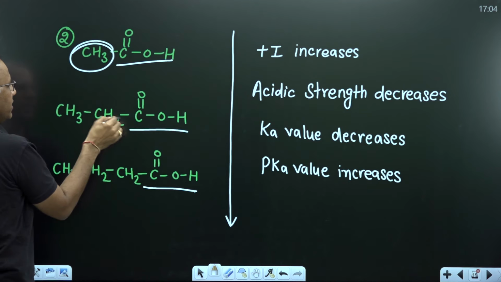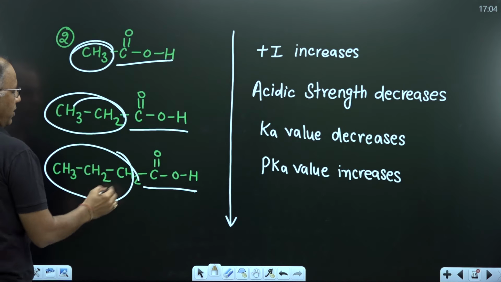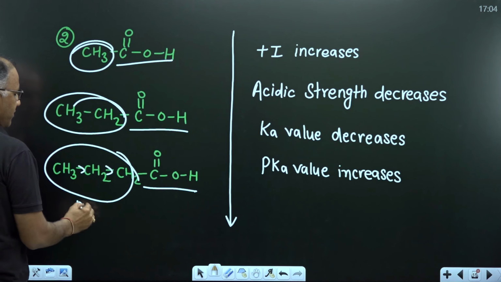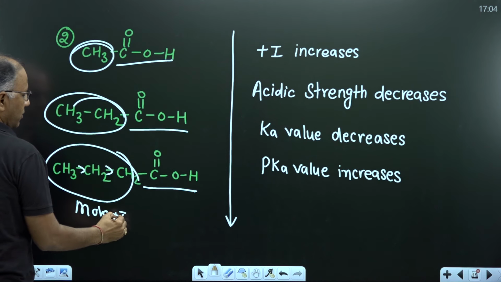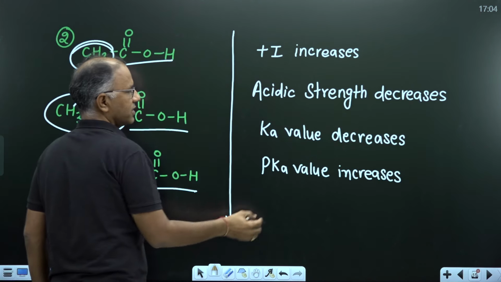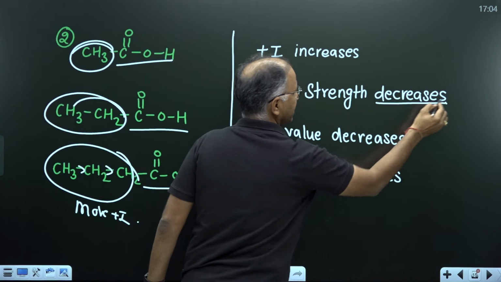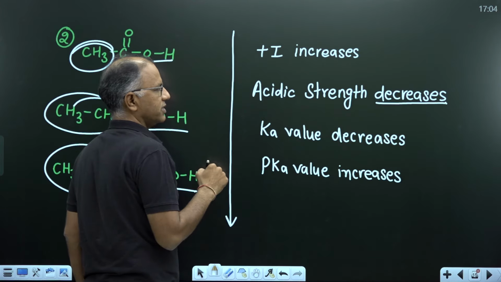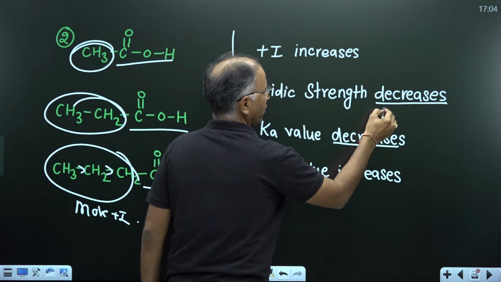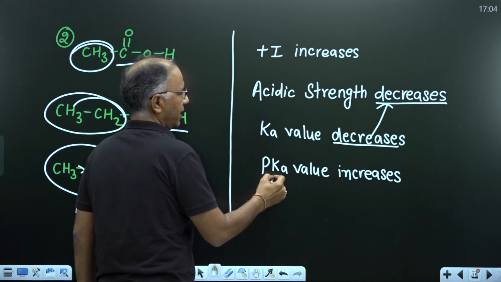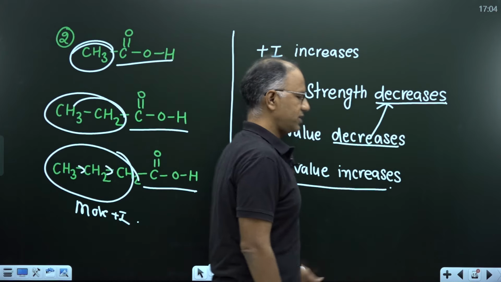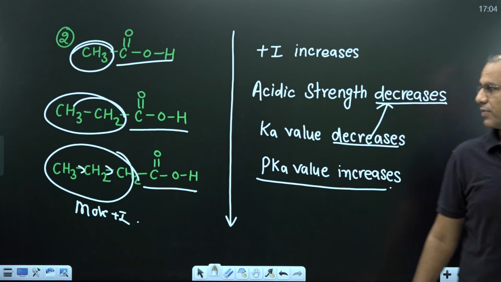There is a methyl, there is an ethyl, there is a propyl. More carbon, more plus I. This means plus I increases, acidic strength decreases because plus I is inversely proportional to acidic strength. Ka decreases because it is directly proportional, and pKa increases because it is inversely proportional.